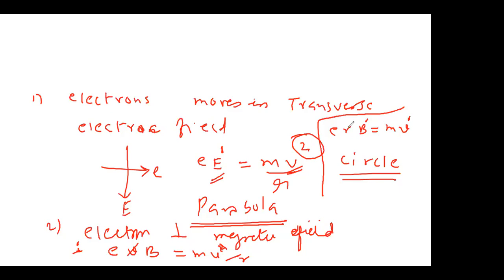Next, third. Cathode rays enter into a uniform field. Cathode ray is nothing but electrons. So the electron enters in the direction perpendicular to the magnetic field. Then the path will be the same. It is eVB.